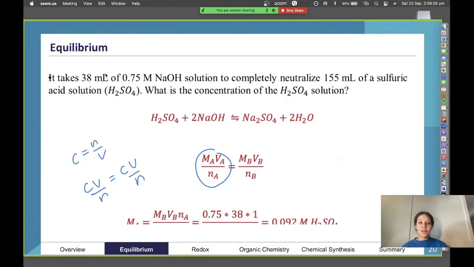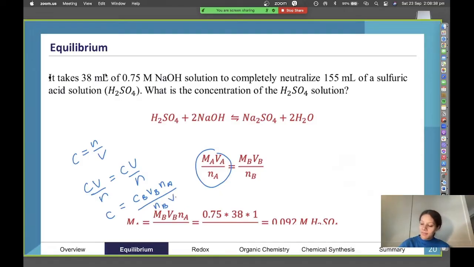So then we can sub in the values that we have from the question to solve for our unknown concentration of the acid. That means we end up with concentration equals C of the base, V of the base, n of the acid, over n of the base, all divided by the volume of the acid.